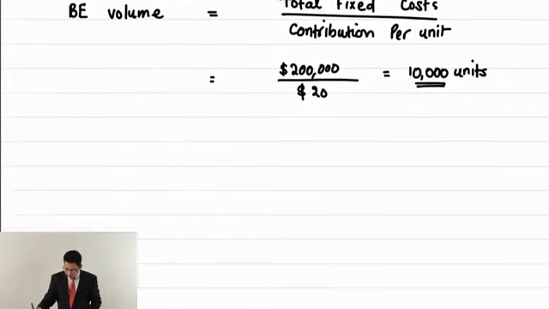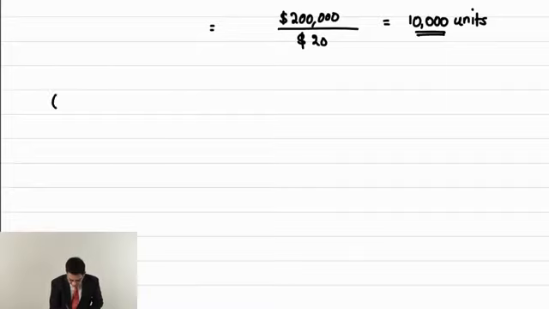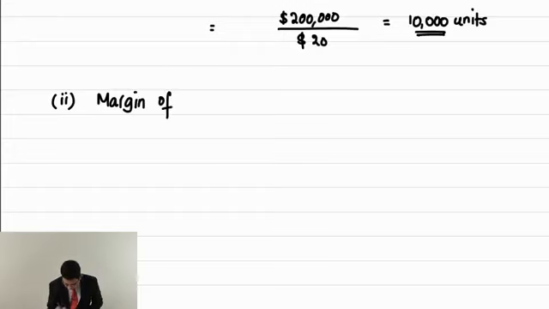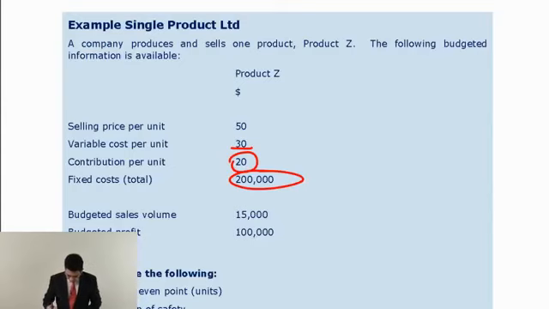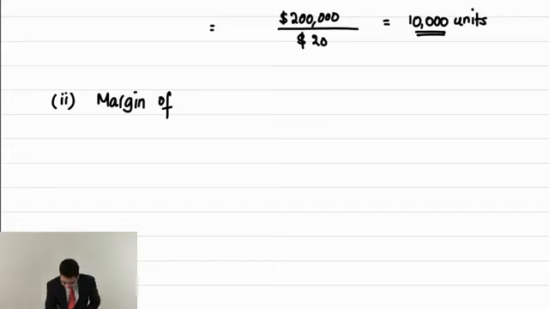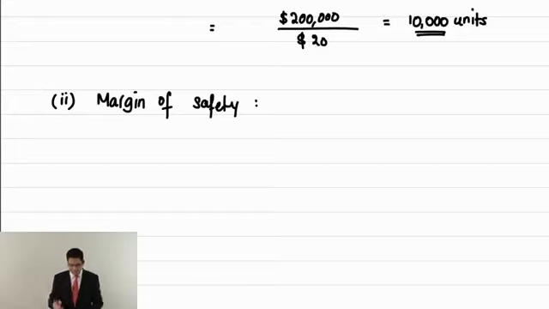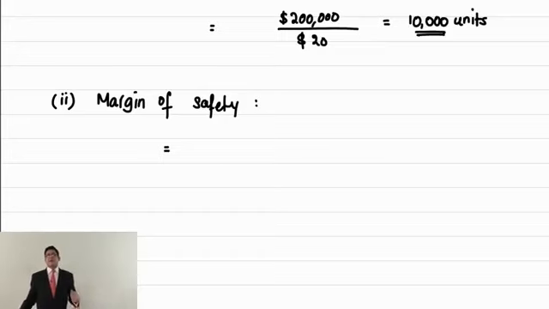Second requirement is margin of safety. First of all, reminding ourselves of the formula for the margin of safety. You got to be careful in exams. Sometimes margin of safety is given as a percentage in the exams.